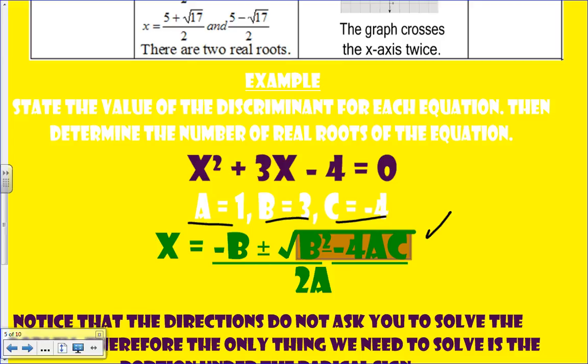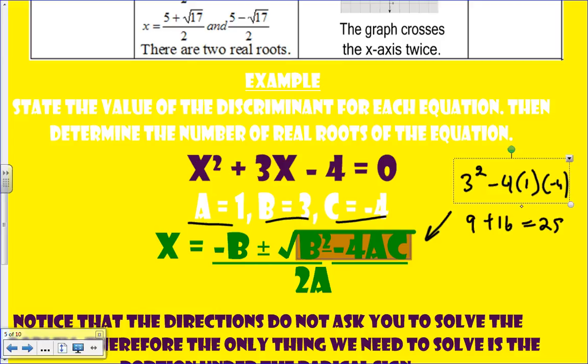So we'd have 3 squared minus 4 times 1 times negative 4. That would be 9, minus a negative is going to be plus, so plus 16, which is 25.